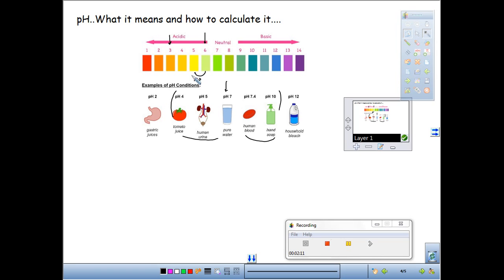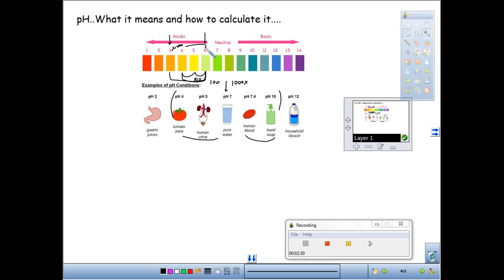And then to go to 4, so from 6 all the way to 4, that would be 100 times more acidic. And then if you go from 6 to 3, that's 1,000 times more acidic. So a pH of 3 is 1,000 times more acidic than a pH of 6. Essentially you're adding a factor of 10 each time. You're not just adding 10, but you're putting on a factor of times 10. And that makes a huge difference.